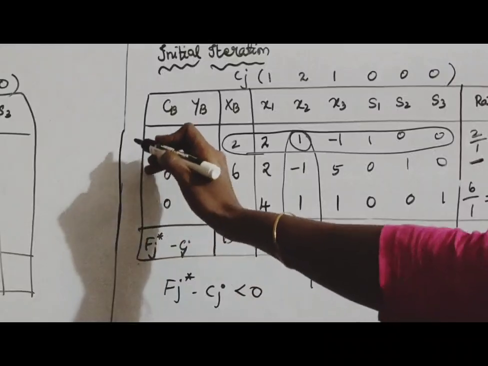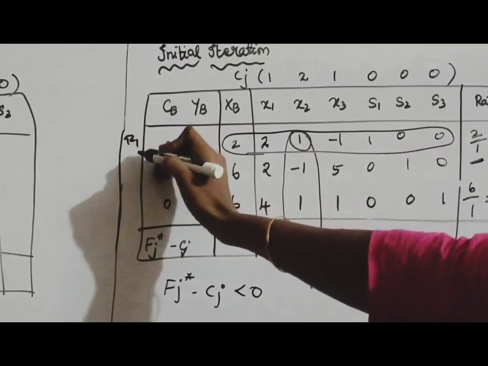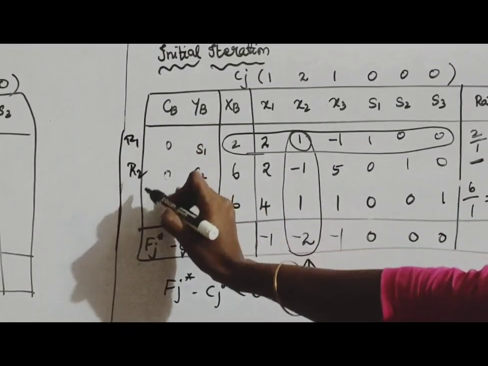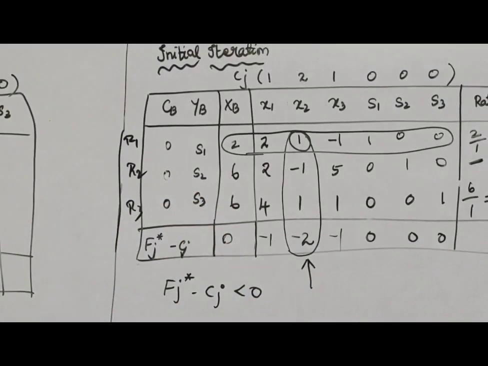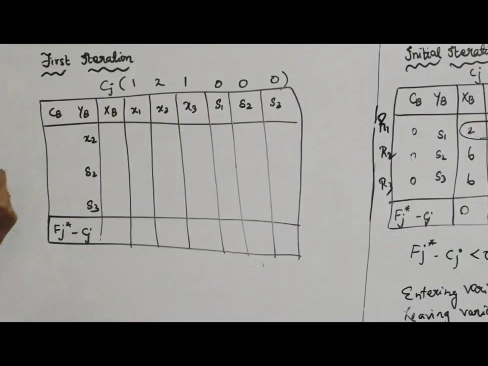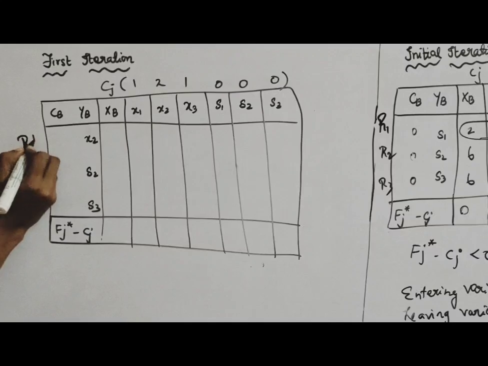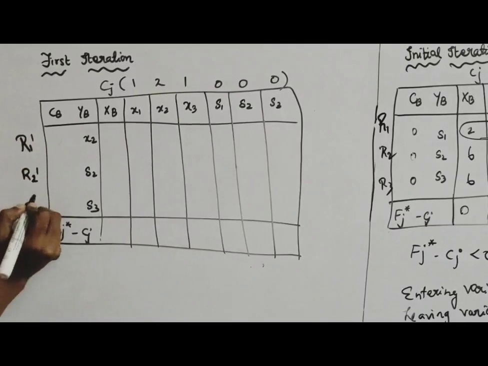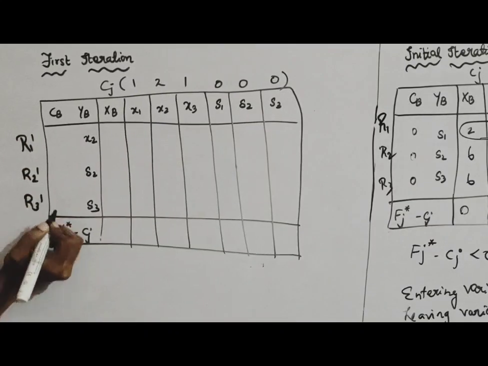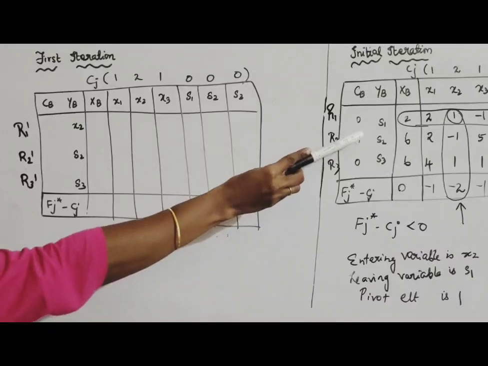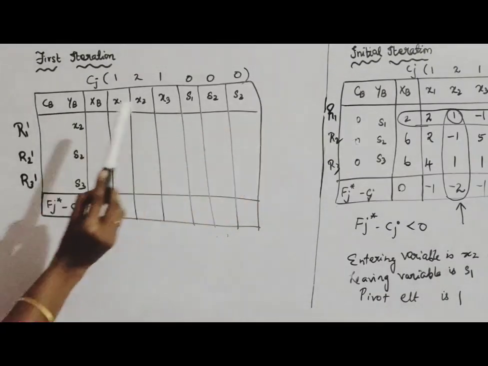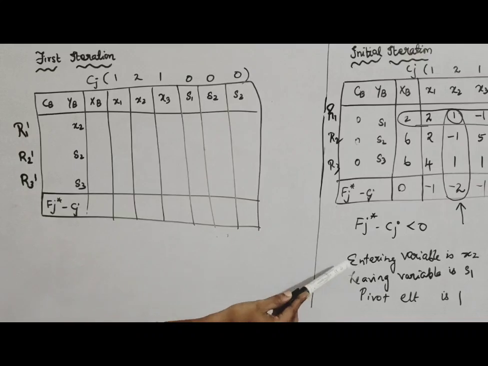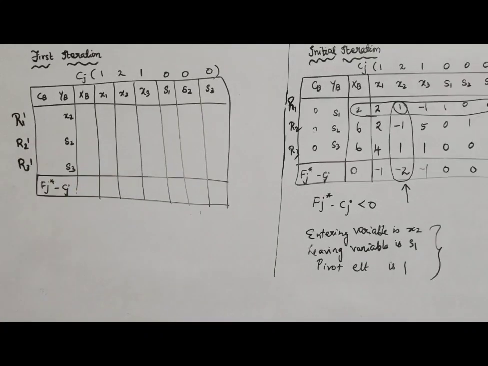Let us take this as R1, this is R2 and this is R3. Here we are taking these as R1 dash, R2 dash and R3 dash. Since S1 is the leaving variable, you have to replace S1 by the entering variable X2.